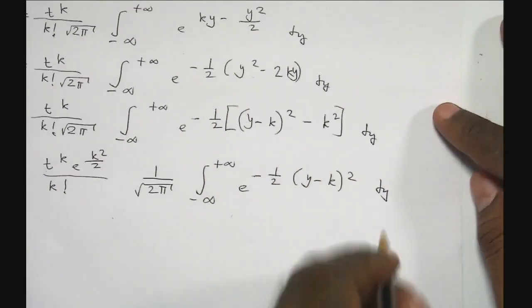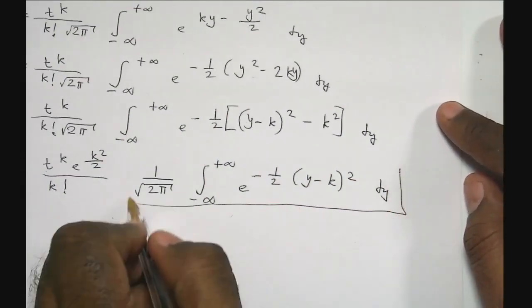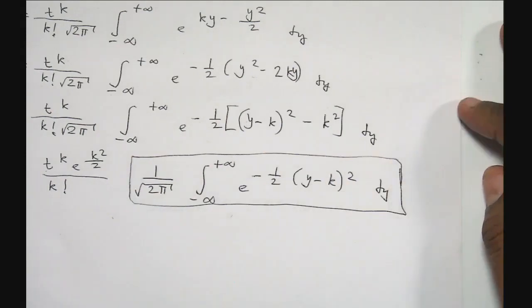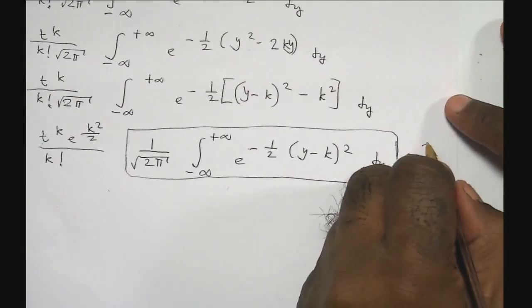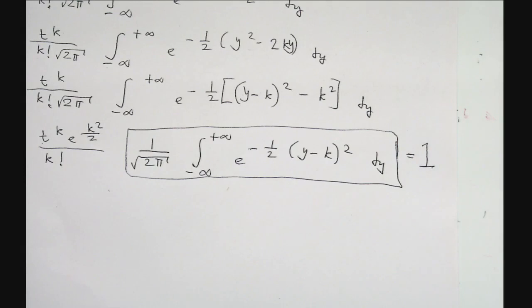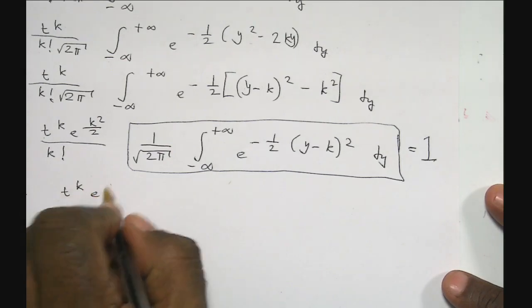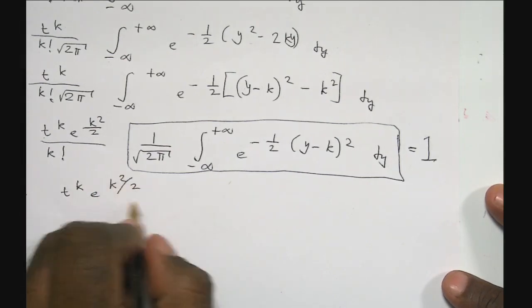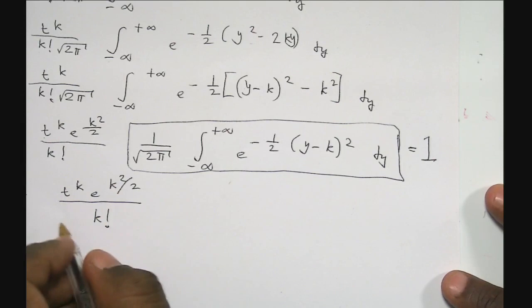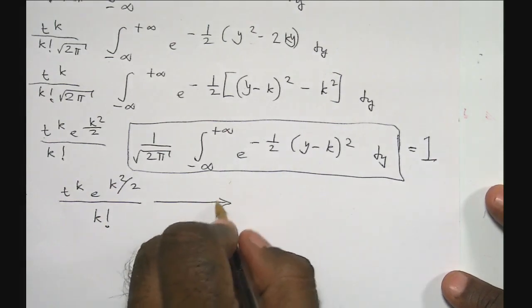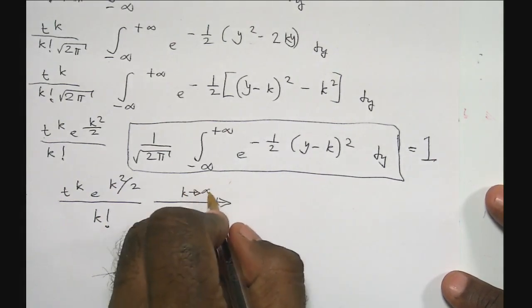All right, this is what you get, and this guy here is equal to 1 because it's the integral of a PDF of a normal distribution, and any PDF must integrate to 1 by definition, right? So what you have is, and now you should take the limit as k goes to infinity.